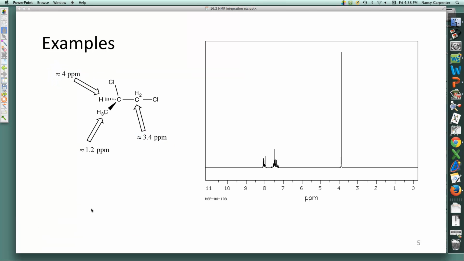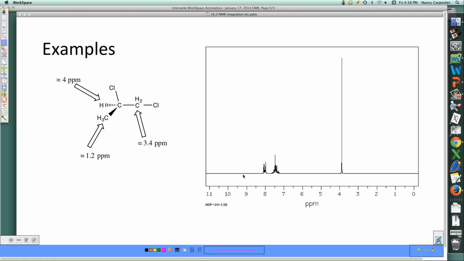One more example. What the heck is this? Well, if you have your correlation chart in front of you, which, like I said, get close and comfortable with that correlation chart, you can look at it and say, well, these are probably hydrogens associated with an aromatic ring, because that's what shows up in the region of 7 to 8 parts per million.